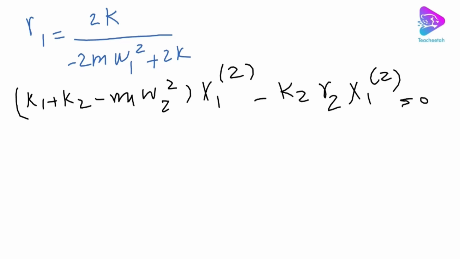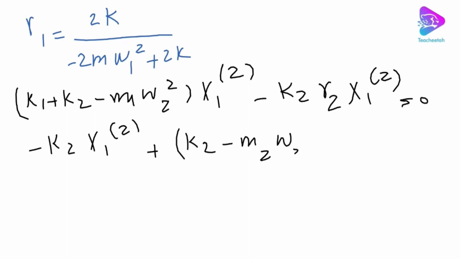And what we have here is minus k2 times x1 2 plus k2 minus m2 omega squared x2, and instead of x2 we can simply use r2 x1 2 equal to 0.